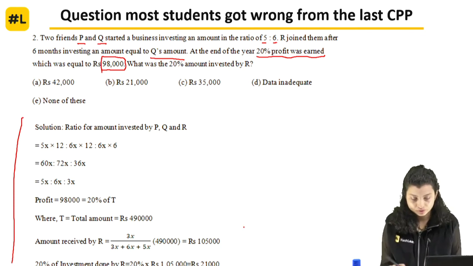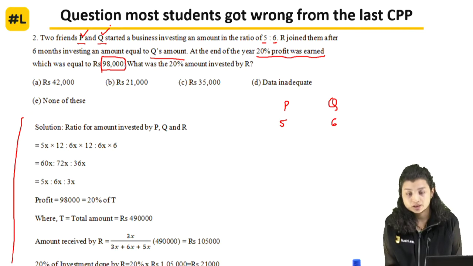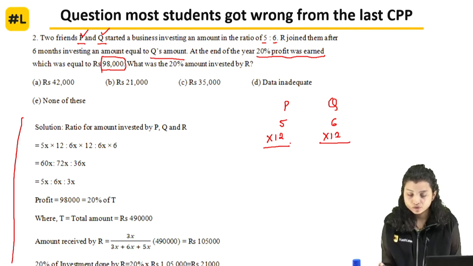I'll write the solution for you one time. Okay, so let's start: P and Q invested 5 and 6. Okay, I'm just taking 5 and 6. They are in the business for complete 12 months, isn't it? So I will multiply 12 here directly. Right, they are in the business for 12 months.